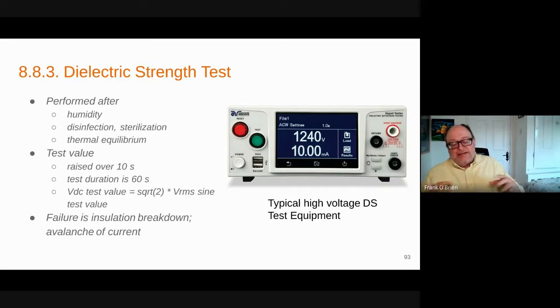But that leakage isn't a negative thing. You might get a false negative, but with the DC, there really wouldn't be any. And so if it was going to break down, you'll see that as an avalanche. The meters shut off. If the meter sees too much current, they shut off. And that's an adjustable setting. So you could set that at 5 milli or up to 15 milli.